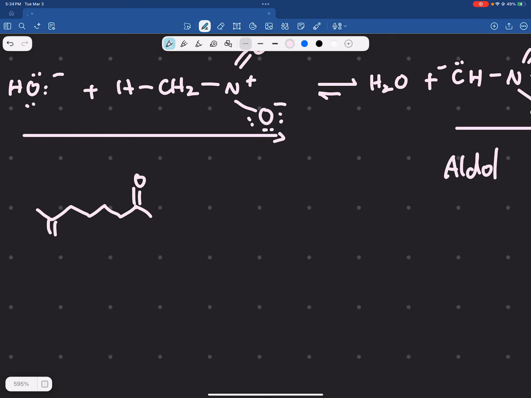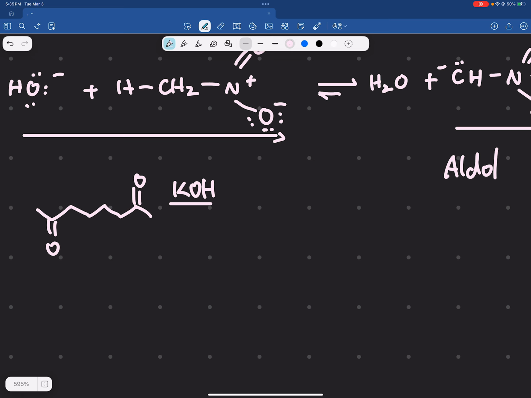So this is 2,7-octanedione. So this can undergo self-aldol reactions to form a ring.